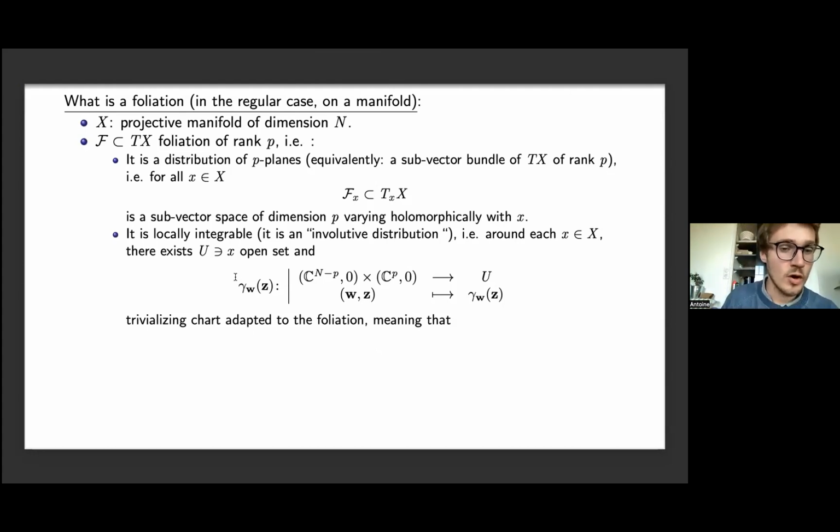Then you take another point, another trivializing chart, and you try to extend your analytic submanifold of dimension P, and you do that until you have exhausted all your open set, say, and so this will be a leaf of the foliation.